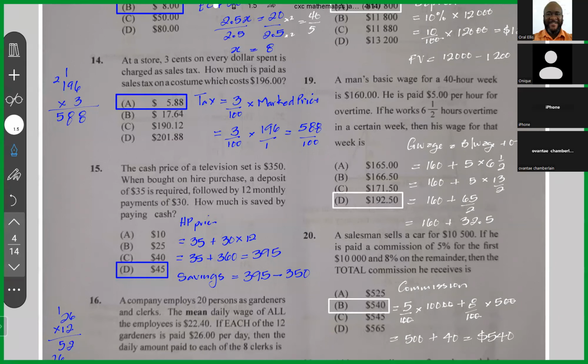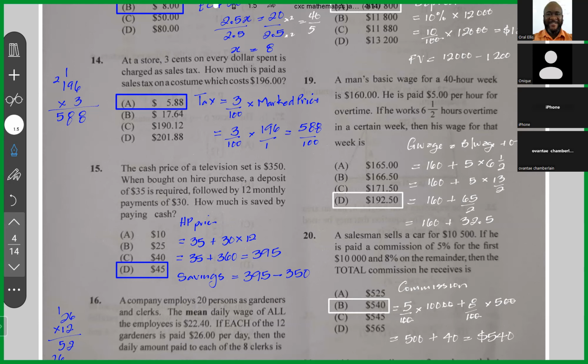So 3 cents out of every dollar is 3 out of 100, which is the same as saying 3%. So all I do, I didn't cancel anything, I simply multiply 196 by 3, you get 588. And 588 divided by 100, the tax is $5.88.